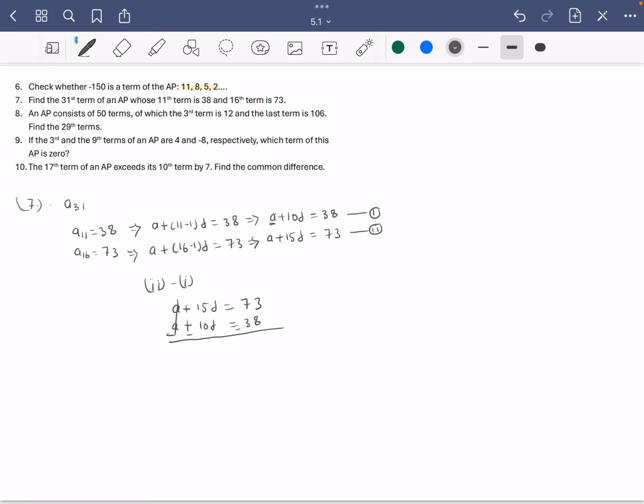So these cancel out each other. 15 minus 10 is going to be 5d, and 73 minus 38 is going to be 35. So 5d is 35, and d is going to be 7.